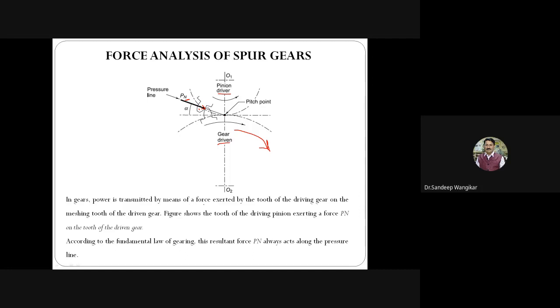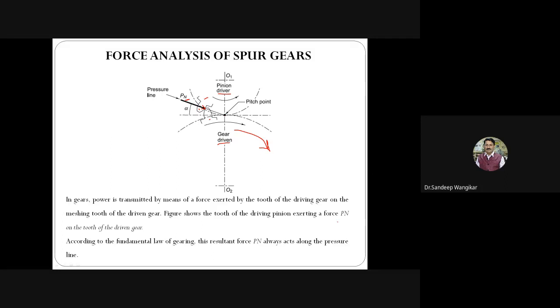In gears, power is transmitted by a force exerted by the tooth of the driving gear on the meshing tooth of the driven gear. This I am explaining. See the cursor: this is the tooth of the driving gear and this is the tooth of the driven gear.